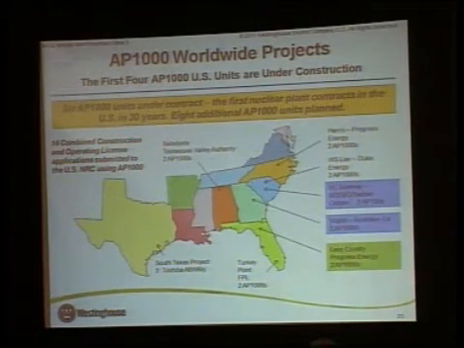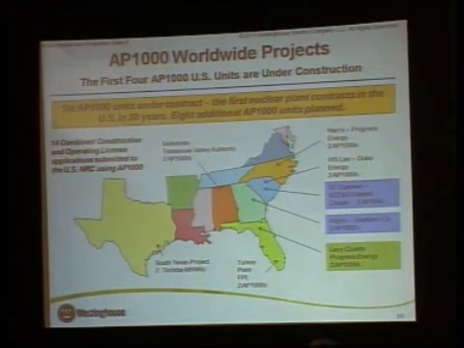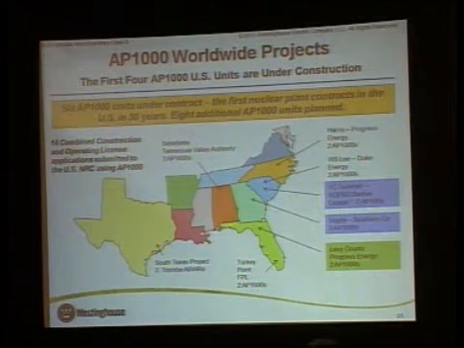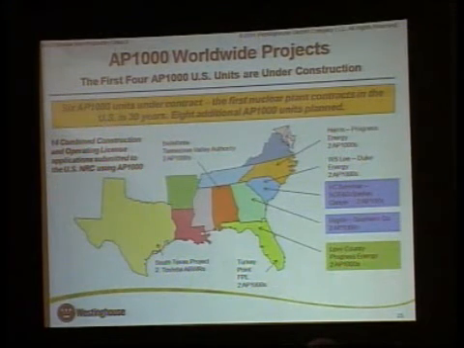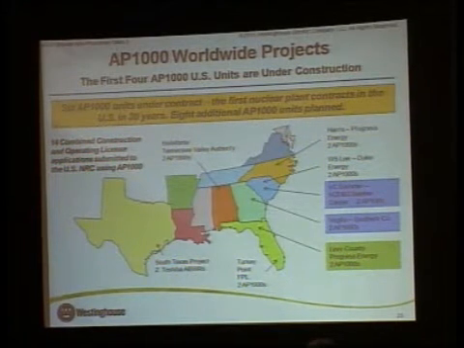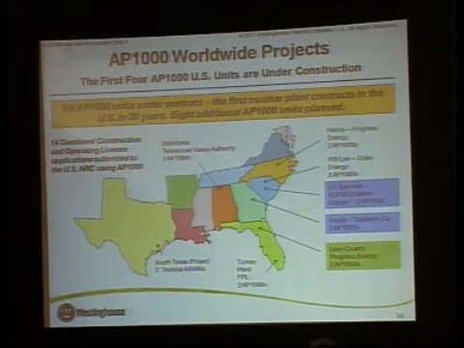In the United States, there are 6 units that are committed for AP1000. 4 are actively involved in the combined operating license and are actively under site preparation. That's the BC Summer plant in South Carolina, where there's already 1 existing Westinghouse 3-loop plant at that site.